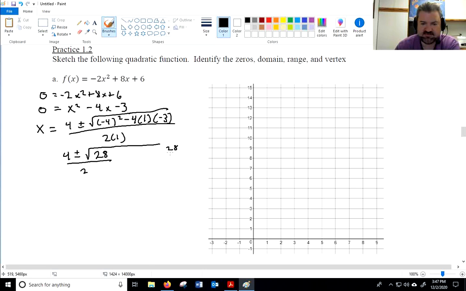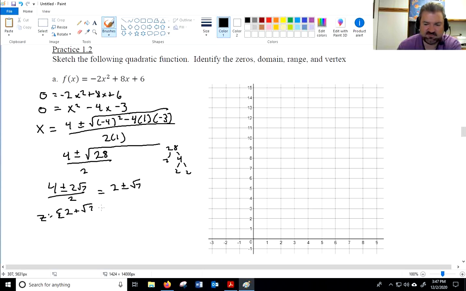So 28 is a 7 and a 4, which is a 2 and a 2. So I can pull out a 2. So it's 4 plus or minus 2 root 7 over 2. And because I can divide each one of these numbers by 2, this becomes 2 plus or minus the square root of 7. So my zeros are 2 plus the square root of 7 and 2 minus the square root of 7.